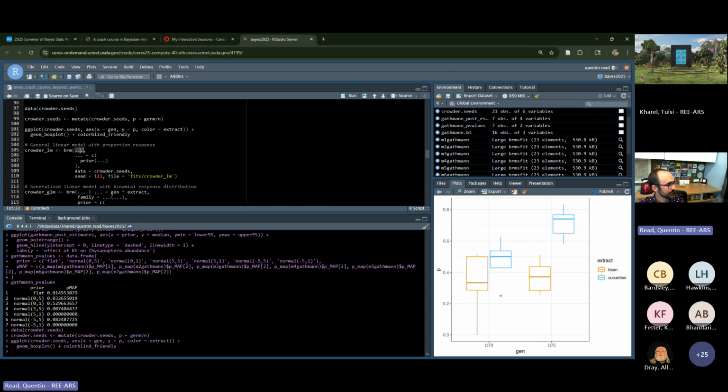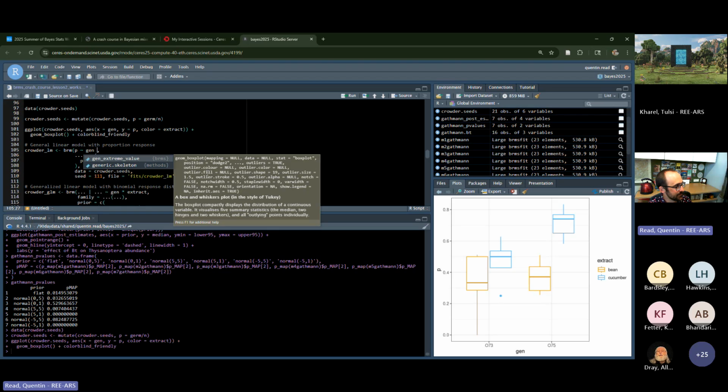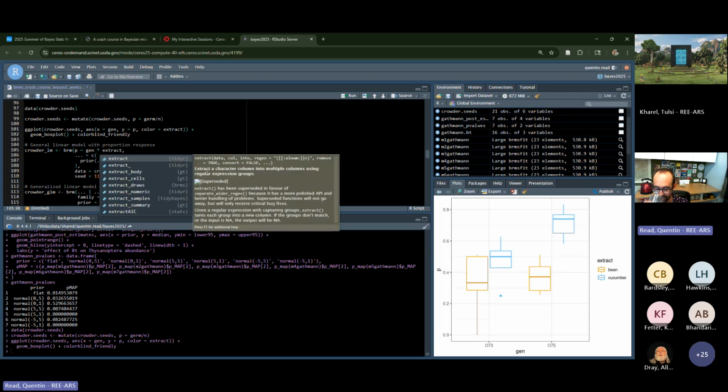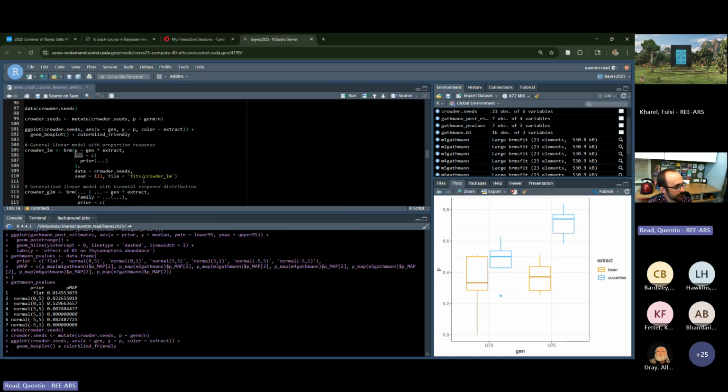So the model formula is P, the response variable, by genotype asterisk extract, because we want both main effects and their interaction. And the prior is normally distributed with a mean of 0, standard deviation of 1, and class equals b, because brms uses b to refer to fixed effects, because that is how they are usually referred to in mixed model equations in the literature.